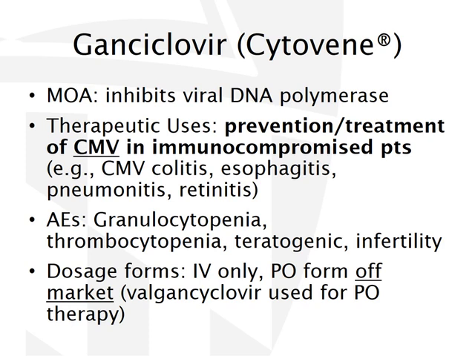So CMV can manifest in a variety of ways. CMV can infect all different tissues in the body. So patients with CMV could potentially have colitis, they could have esophagitis, they could have pneumonitis, they could have retinitis. These are the usual spots, but CMV can affect other tissues in the body as well.